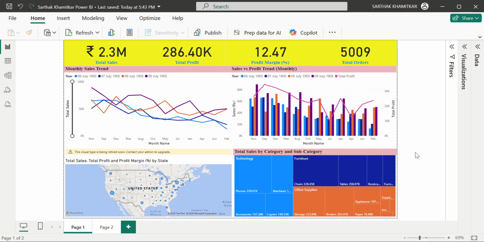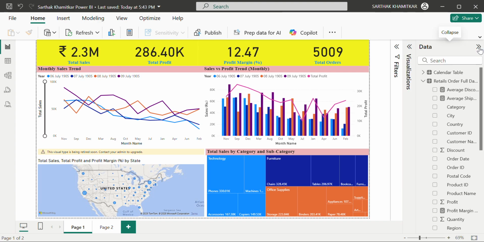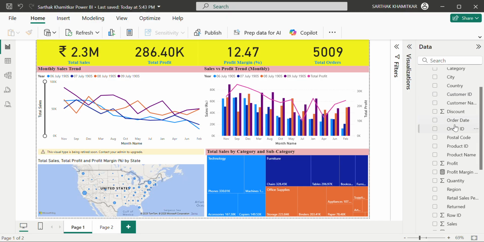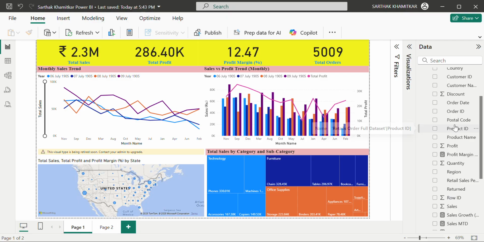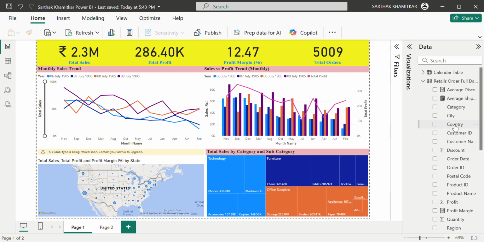The dataset I used contains sales, profit, and order details for a retail supply chain covering product categories, regions, customers, and timelines. My goal was to convert raw Excel data into a visual, meaningful story that highlights overall performance and helps in strategic decision making.